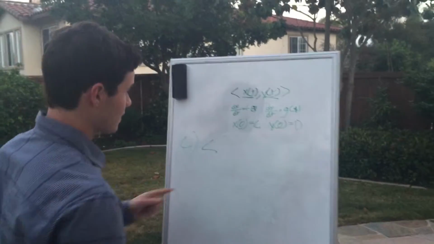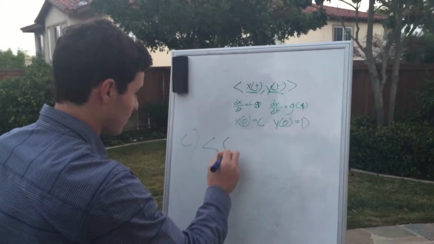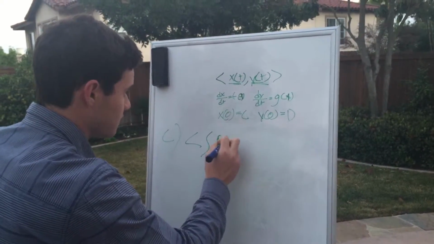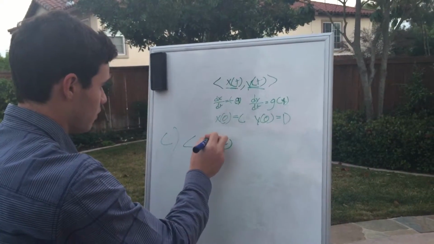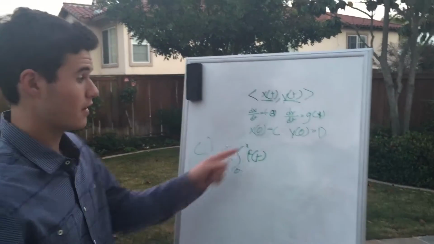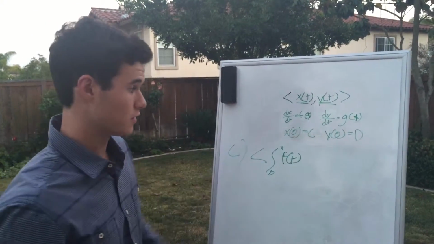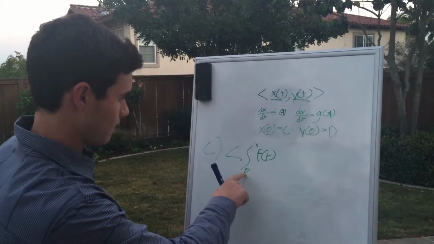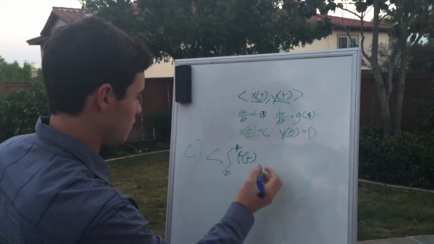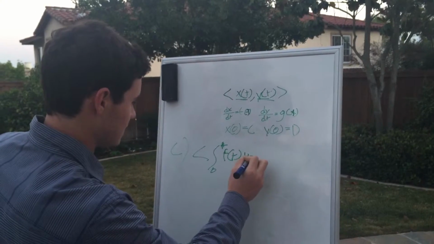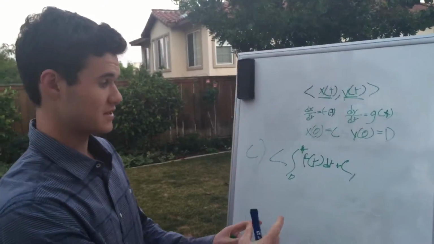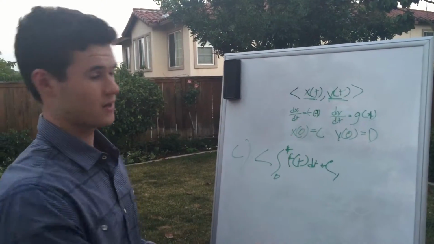For x, we integrate f of t from 0 to whatever t we want, dt, and then add c, because we know that x of 0 equals c.